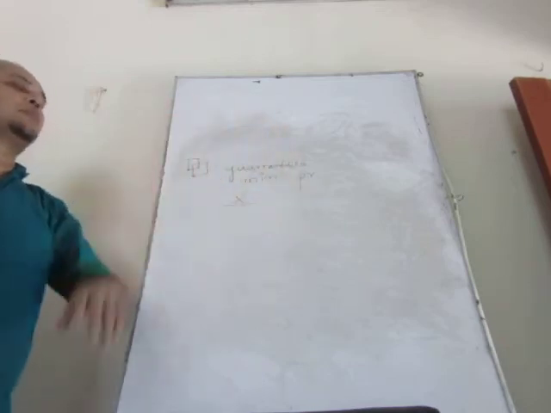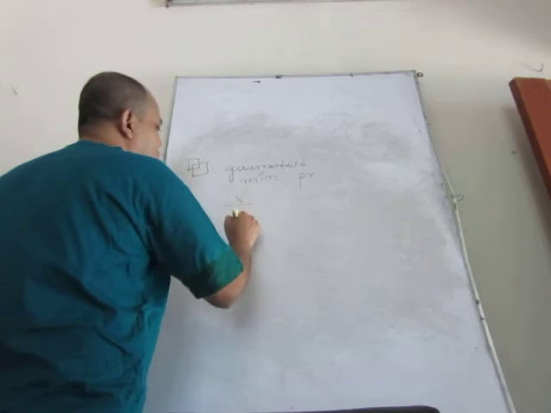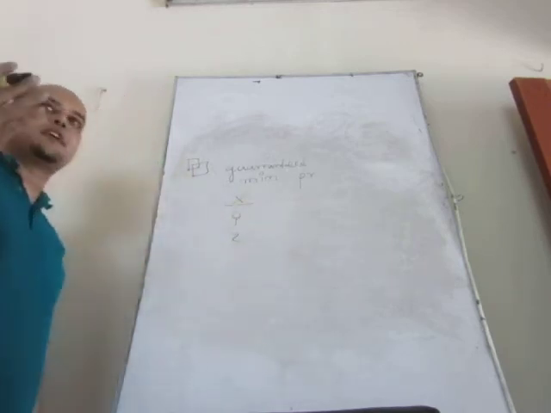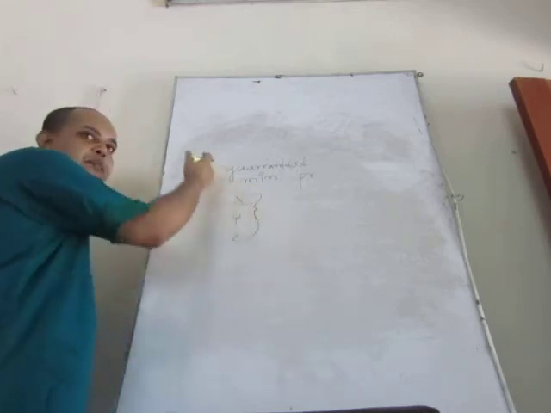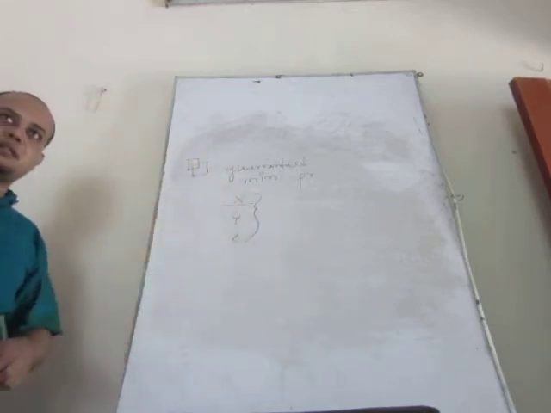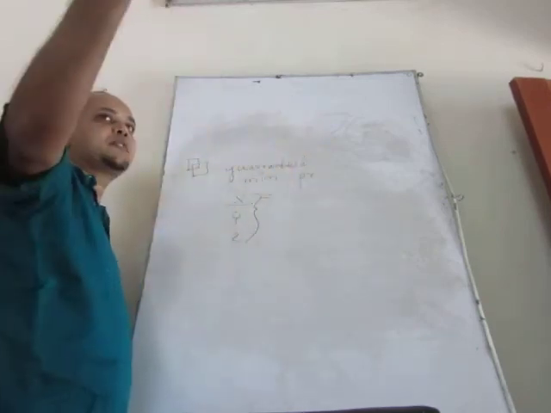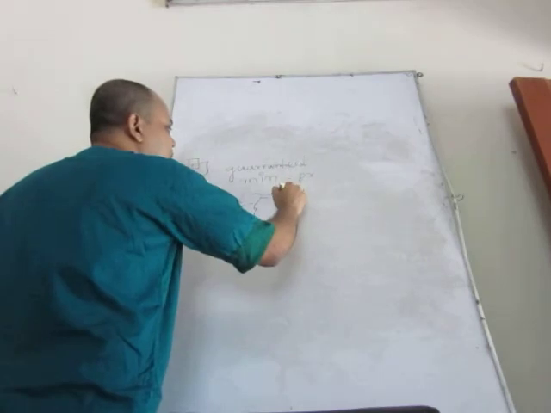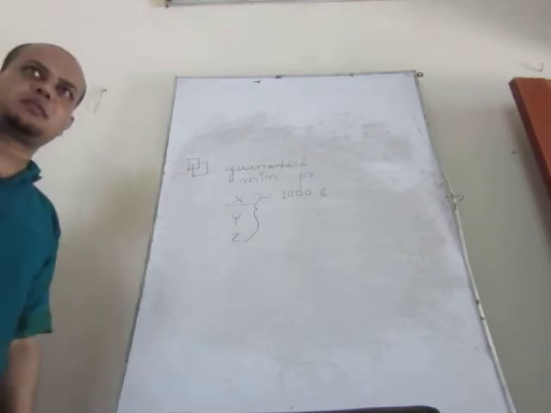Guaranteed minimum profit. Suppose X, Y, Z are three different partners. Profit can be apportioned or divided between these three partners. But at a time, X is provided a kind of guarantee. That is, X will be provided $1,000 each and every time, suppose as for example.